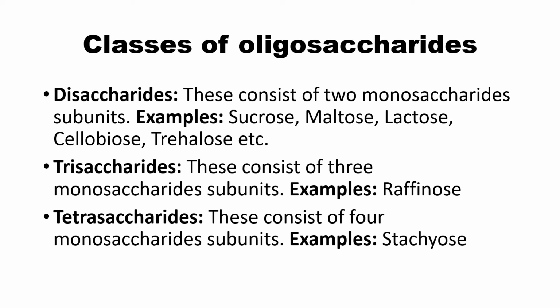Tetrasaccharides consist of four monosaccharide subunits. Tetra means four. For example, stachyose. Understand?